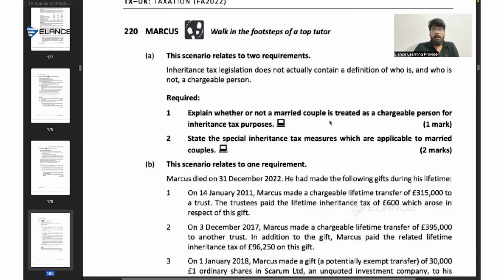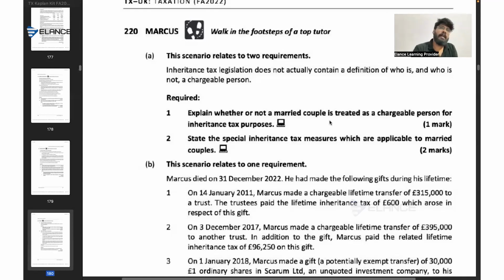For the purpose of taxation, are married couples treated as a single person, or are they individually liable to pay tax? Yes, good. They are taxed separately. Married couples have lots of exemptions in IHT and CGT, and there is no rule that married couples are treated as a single tax person.